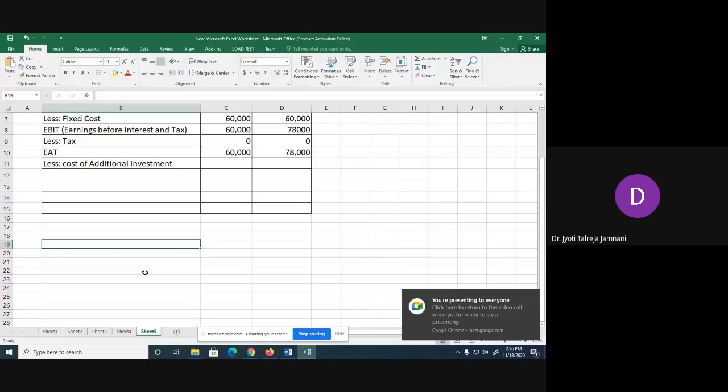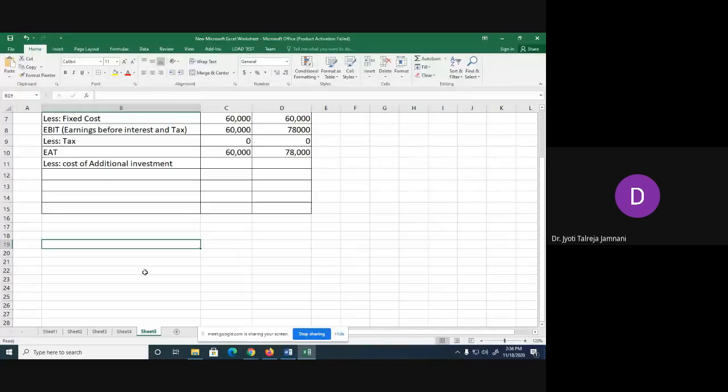So you write working note on additional investment. The formula is additional investment is equal to cost divided by debtors turnover ratio.